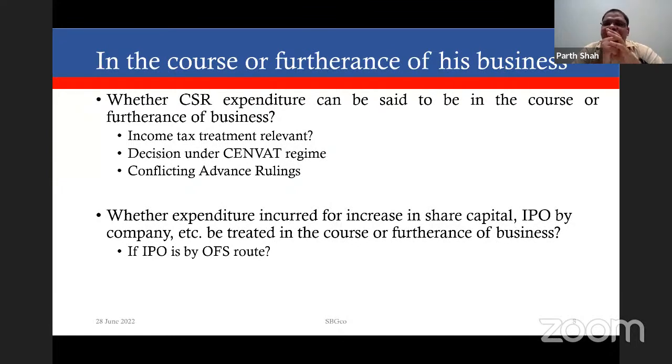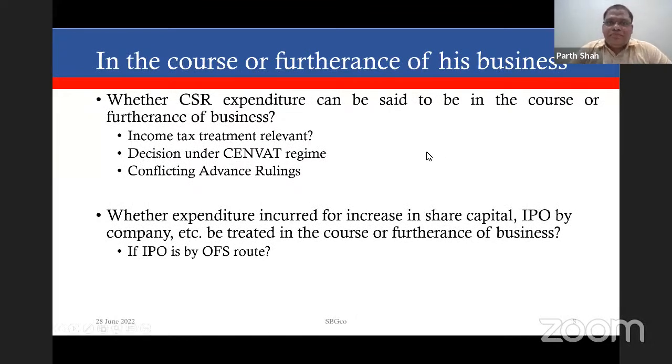In those cases, whatever expense has been incurred by the company is not for the company itself but for the promoters, and therefore that expense may not be eligible for input tax credit, because it is not in the course or furtherance of the company's business, but rather of the promoters' investment. So this is one case we have to keep in mind when dealing with an IPO: whether it is by the OFS route or a fresh issue, where the company is raising fresh capital.